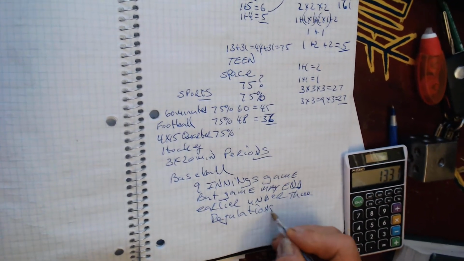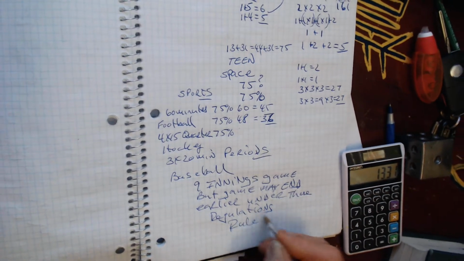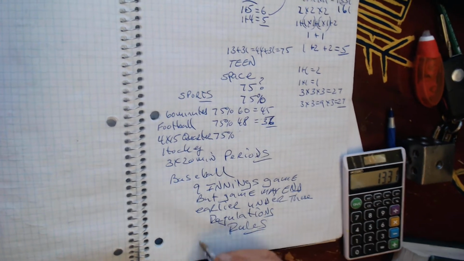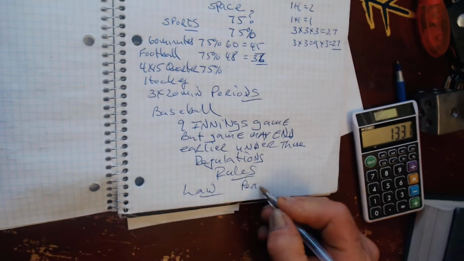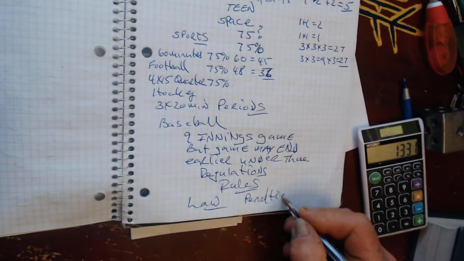You see, there's a difference between regulations and rules. Is a rule a law, or is it a rule? And are there penalties? So we have to understand everything that goes with the words.